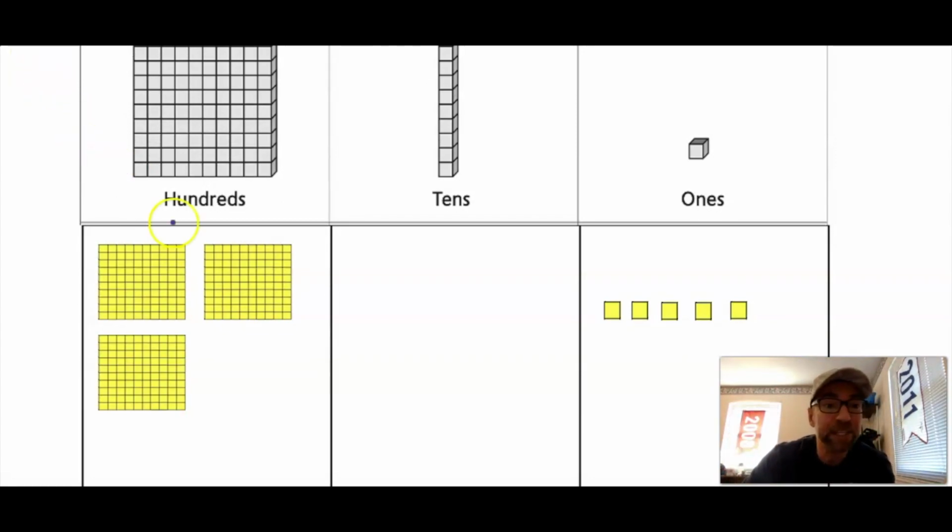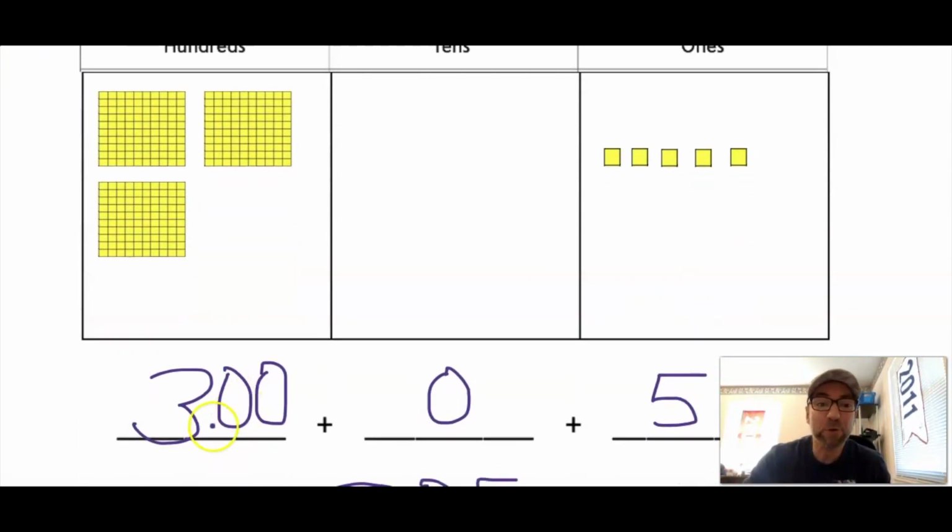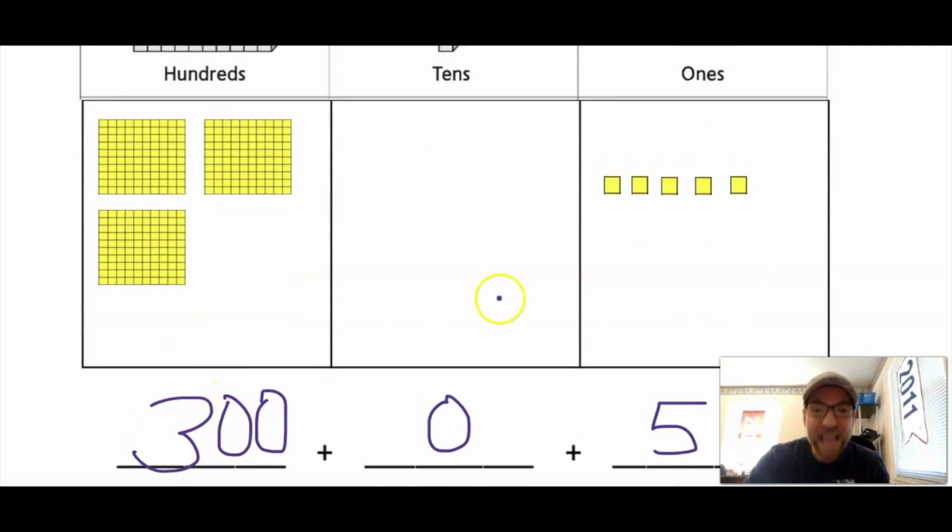How many hundreds did we have? We had 100, 200, 300. So I wrote 300. We had 0 longs, 0 tens. So I wrote 0. And then we had 5 cubes. 300 plus 0 plus 5. And what does that equal?